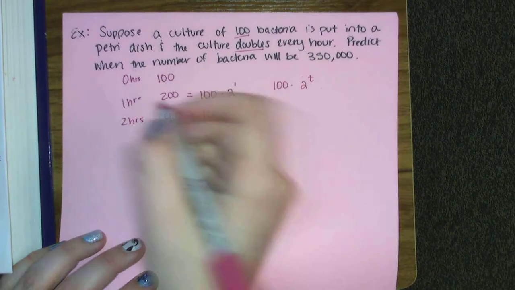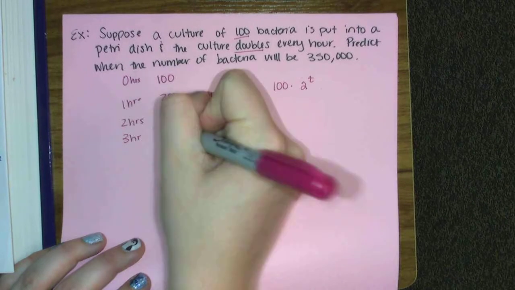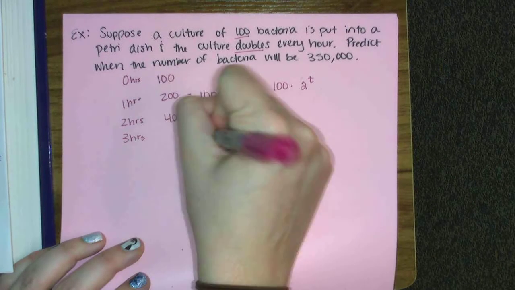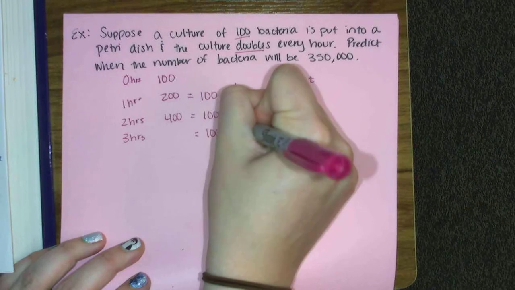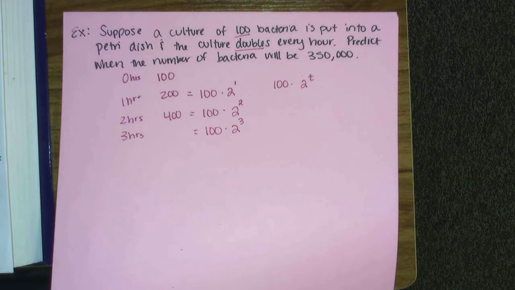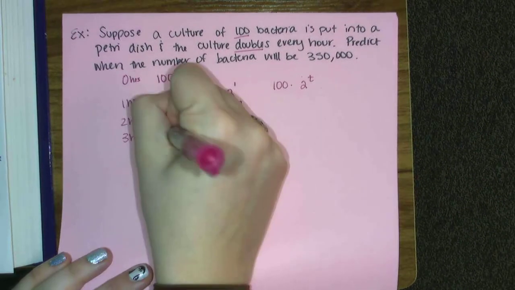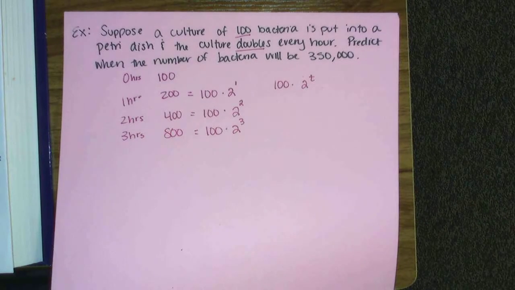Okay, so at the 3rd hour, I have 100 times 2 cubed. So how many do I have? 800. Okay, and I'm not going to do this all the way down until I get 350,000. That's going to take way too long.